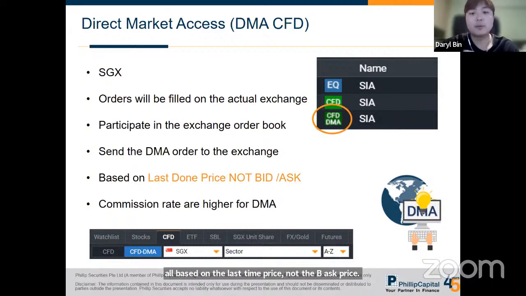At this point in time, you'll be wondering, DMA is better because it provides transparency. We'll be able to monitor via the exchange. Yes, it's better, but for the transparency, we have to pay a higher commission rate. Do note that if you are trading CFD DMA, in order to locate them, you have to click on the CFD DMA.